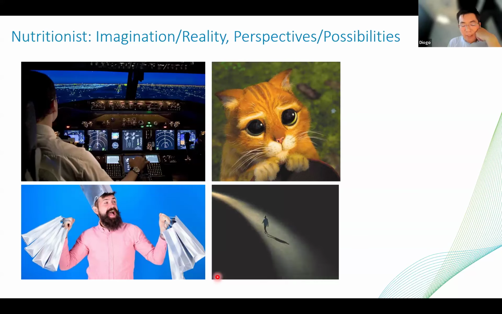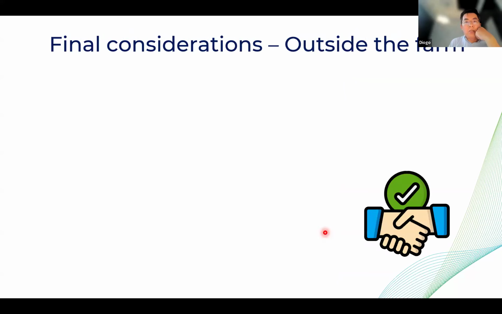But I believe that the reality of the nutritionists that we have is something similar to this. We have a hope, an idea of where we are walking, but surrounded by a lot of darkness, uncertainties. So the work of a nutritionist is not easy, as we know. So, some final considerations.